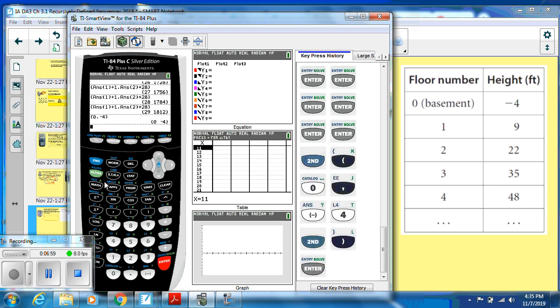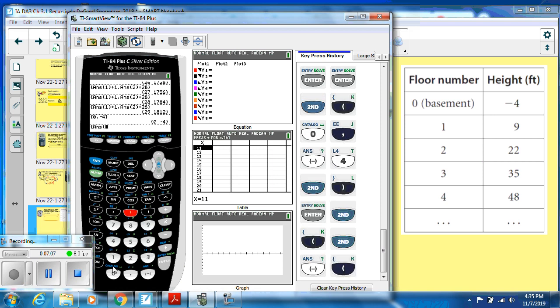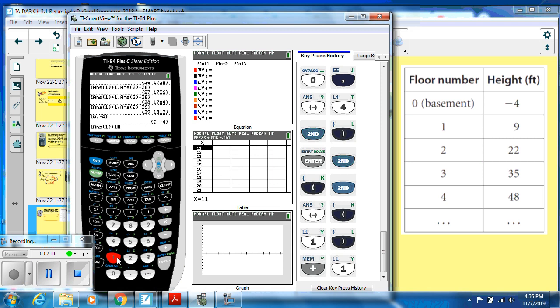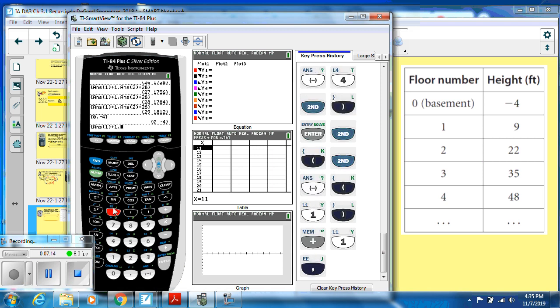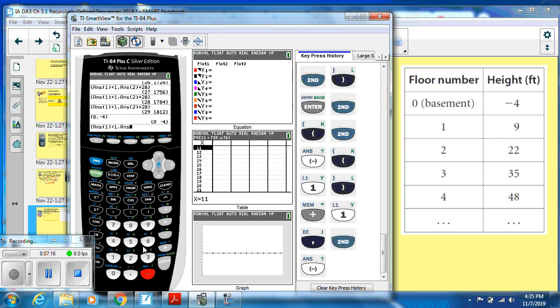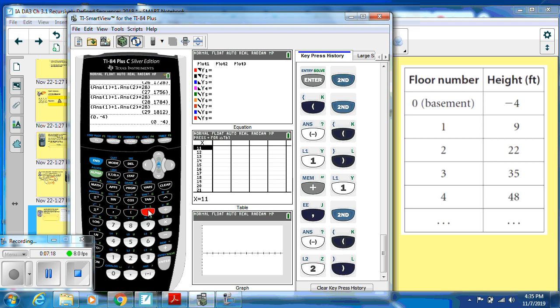Now again, to tell my calculator what I want to do with that, I want to add, it looks like 1 floor each time, right? So I'm going to go second answer. So to that first value, I want to add 1 floor, comma. And now to my second value, so answer 2, I want to add, well, let's see what our sequence says here. It looks like it's -4 plus what is 9, 9 plus what is 22, 22 plus what is 35.